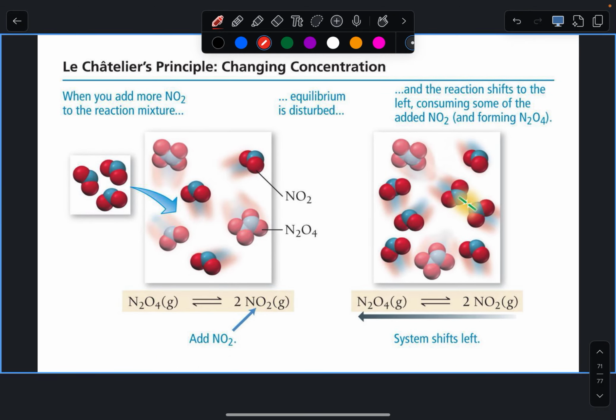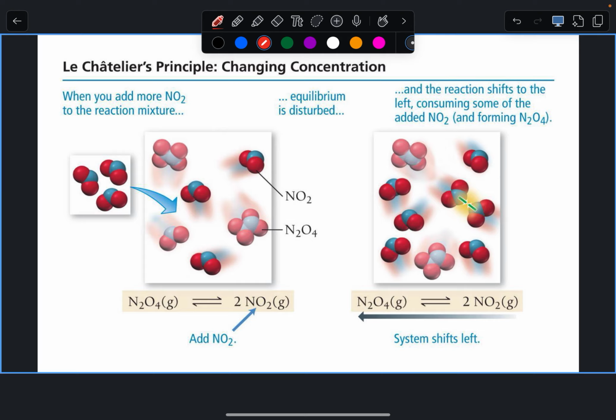One of the most common things that we do to create a stress is to add in or remove, but in this case it's adding in either some more of the reactant or some more of the product. So in this example, you've got this reaction in equilibrium: N2O4 balanced out with 2NO2.